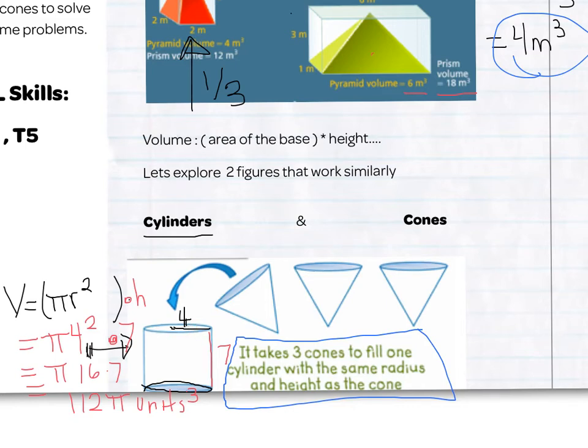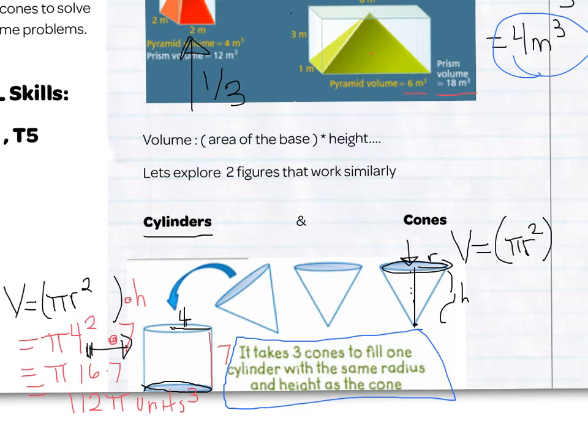Which means that the volume of a cone, you're probably guessing it, is going to be so similar to the volume of a cylinder. You're going to take again the area of the base, which here is a circle, and that's pi r squared, times the height. They'd have to tell you what this height was. And remember, you want the height, so you're going to get that tallest segment from a point on the base to the apex of that cone.